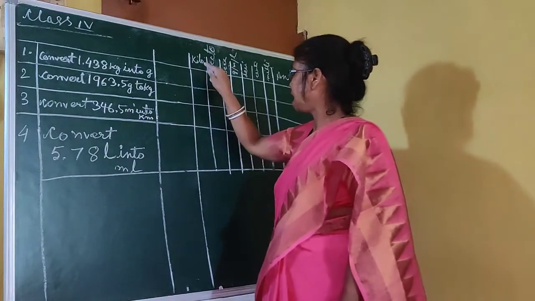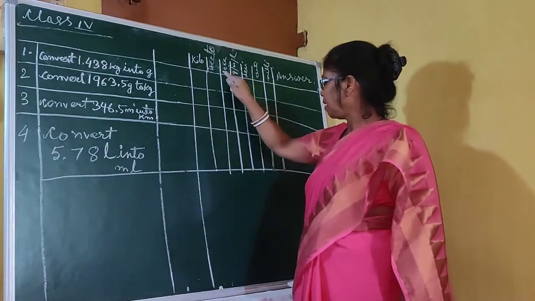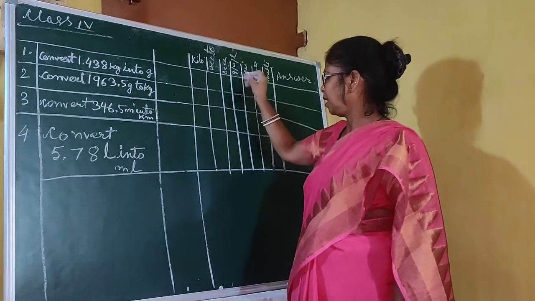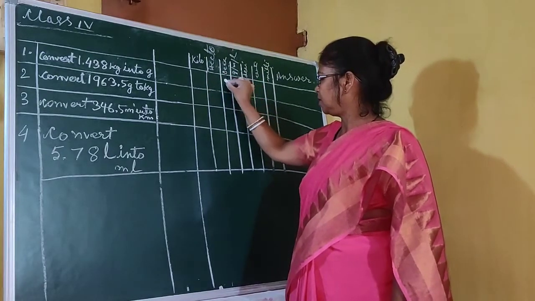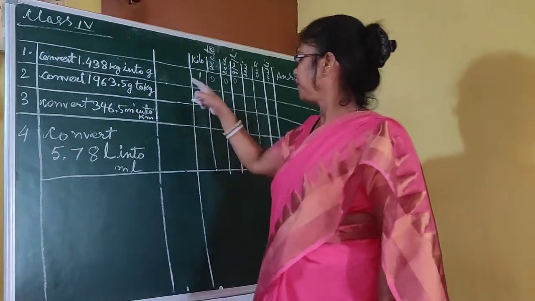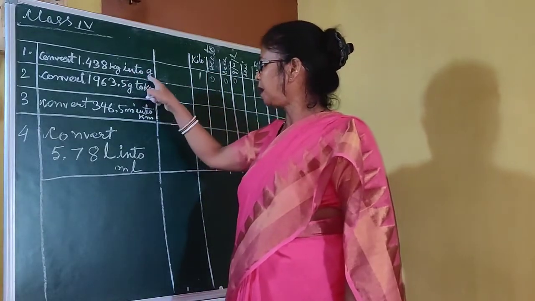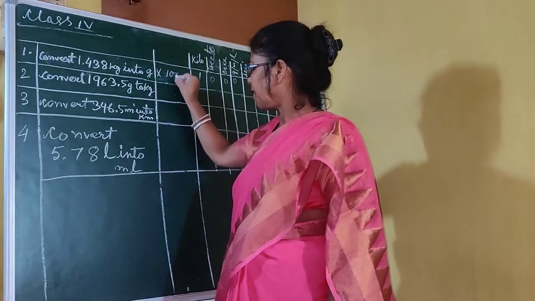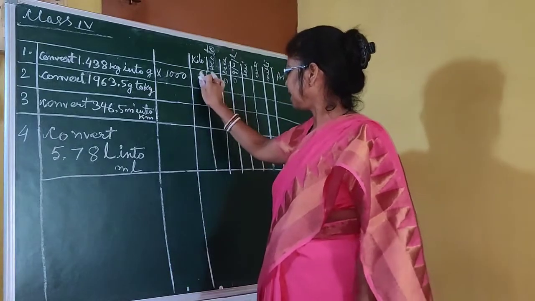Kilogram to gram: kilo, hecto, deca, gram. So 0, 0, 0, 1. Greater unit to smaller unit, multiply. So multiply by 1000.